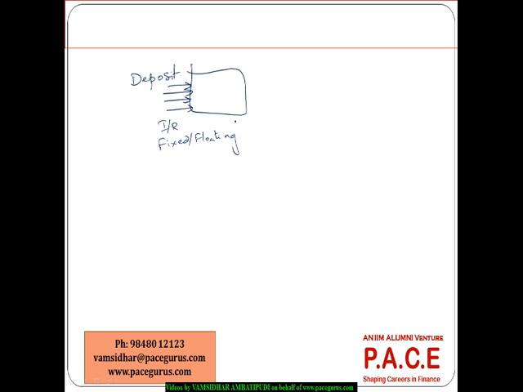In turn, the banks use this fund, whatever is obtained through various deposits or sometimes through some borrowings. The fund that has come into the bank is used to issue different kinds of loans. It could be automobile loans, mortgage based loans, student loans, or agricultural loans. I can think of many kinds of loans which the bank is issuing.